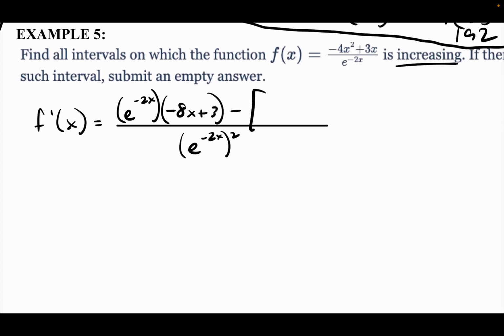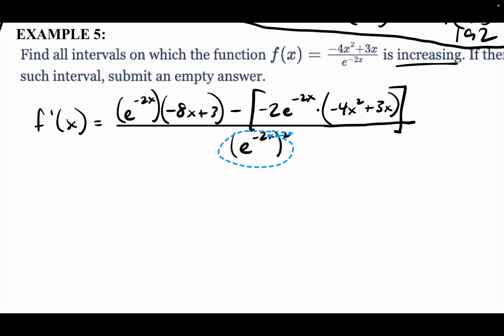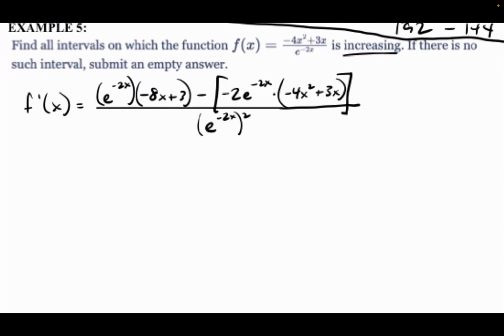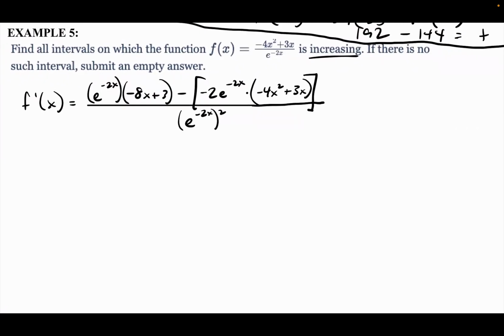The derivative of the low is just going to be negative 2 e to the negative 2x. And then the top. Okay. That's the first derivative.